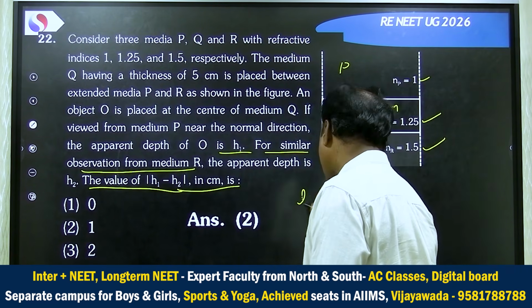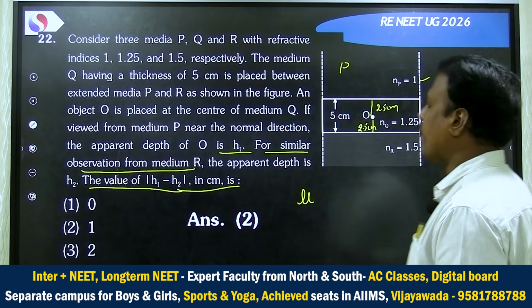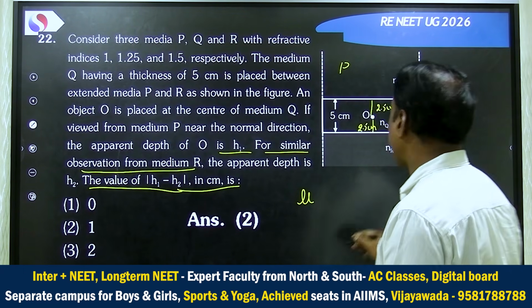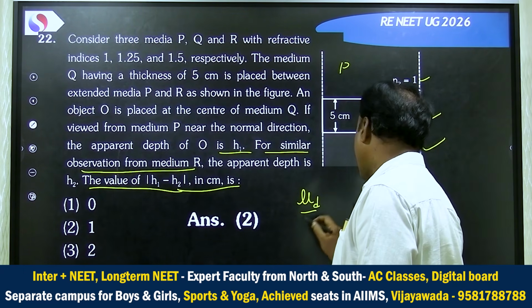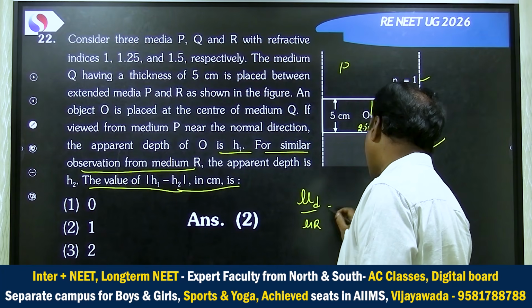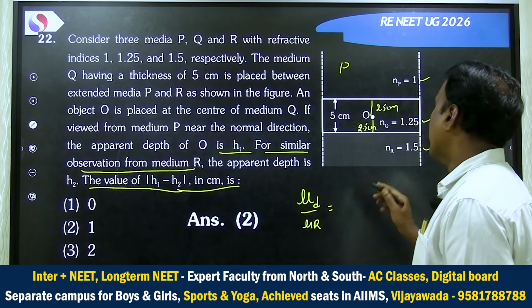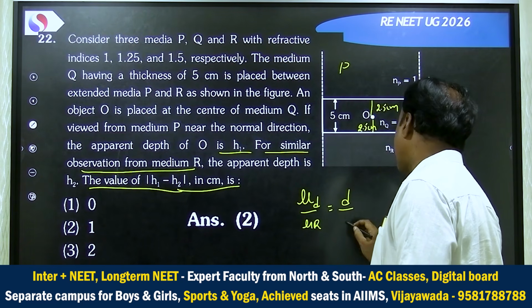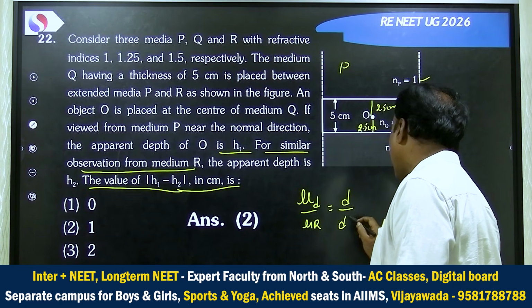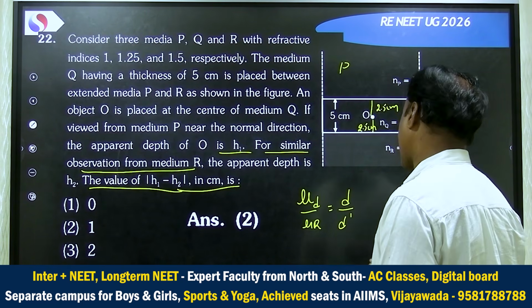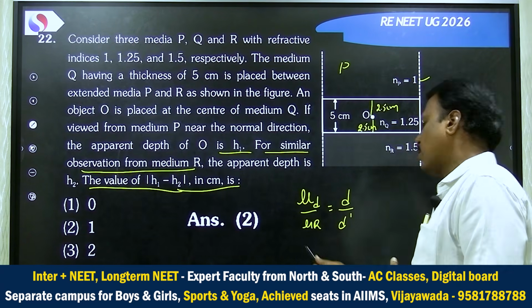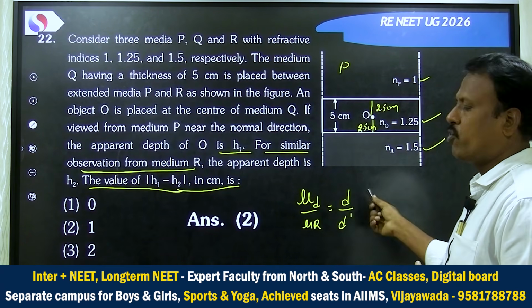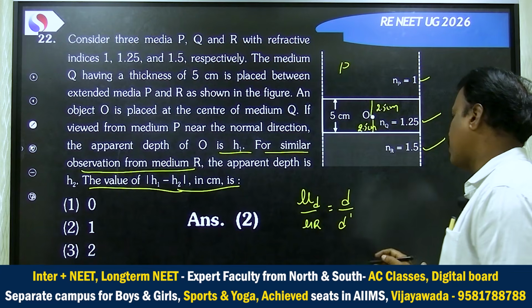So for that, there is a fixed format: mu of the denser by mu of the rarer equal to actual distance by apparent distance.